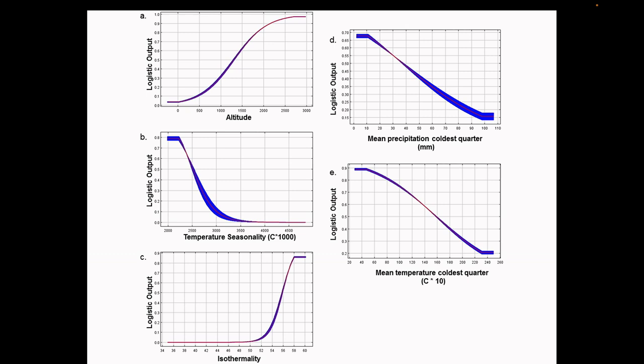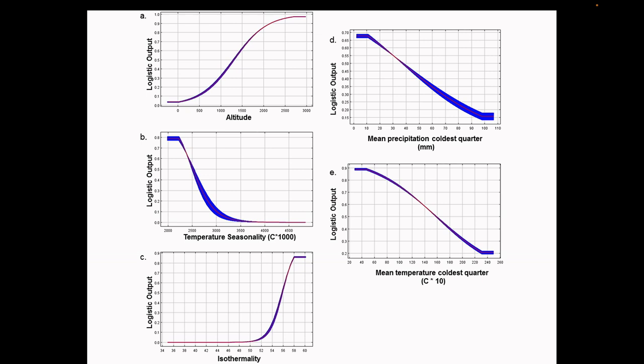These suitabilities go from 0 to 1, with 0 being the least suitable habitat and 1 being the most suitable habitat. And these intermediate values you should interpret as intermediate habitat suitabilities. So you can see here the most suitable habitat for this species is the colder temperatures. Most suitable habitat is higher altitudes.